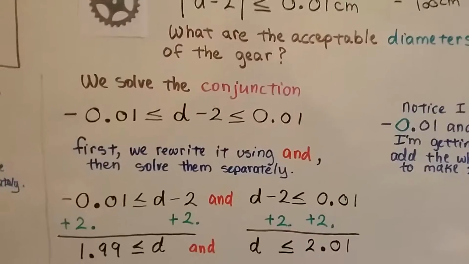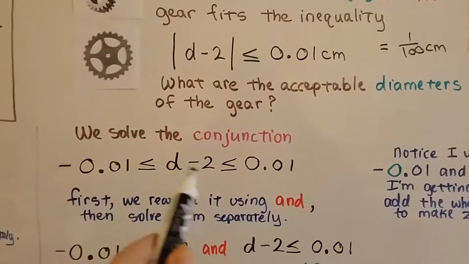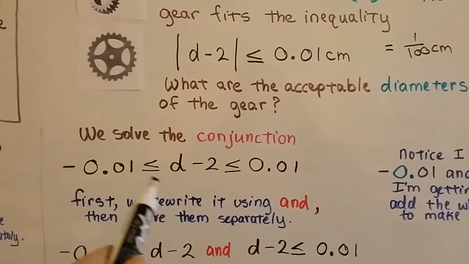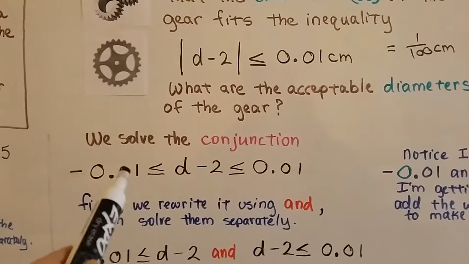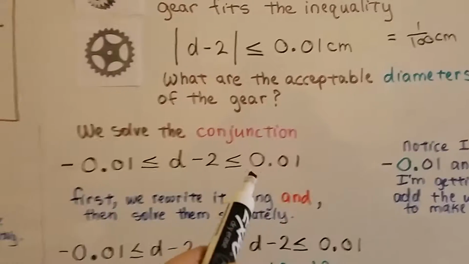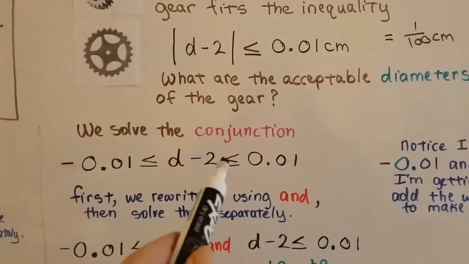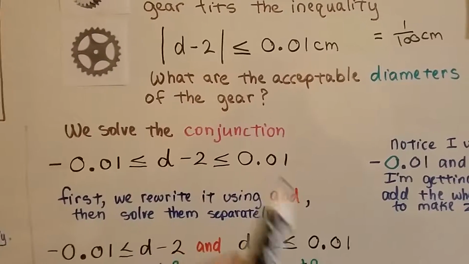Well, we solve the conjunction, and we take this and put the d minus 2 in the center, and it's greater than or equal to a negative 0.01 and less than or equal to 0.01 on the positive side, see?